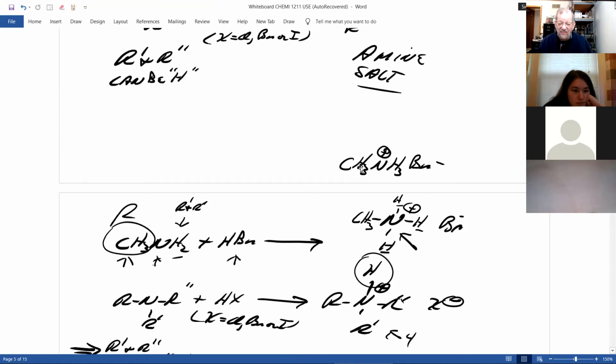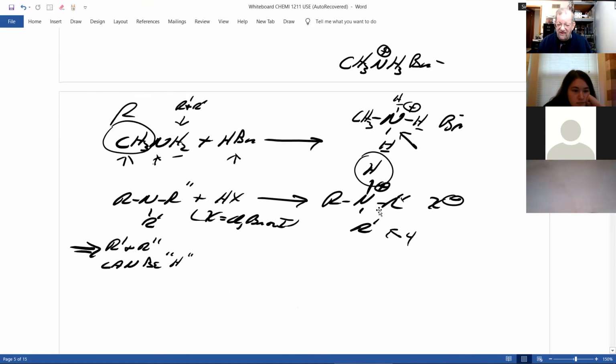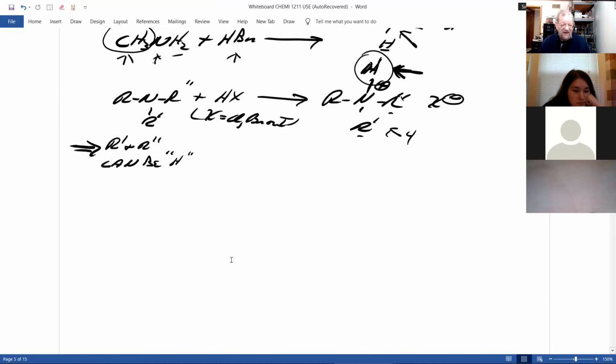On an amine salt, one of the groups on nitrogen has to be a hydrogen. Because if there were 4 alkyl groups on there, that wouldn't be an amine salt, it would be a quaternary ammonium salt. So for amine salts, one of the groups on nitrogen has to be hydrogen. And then it can have up to 2 more hydrogens, because R prime and R double prime can be hydrogen.